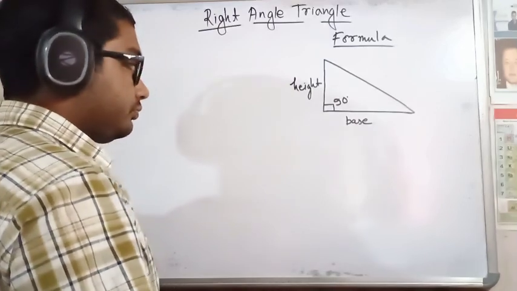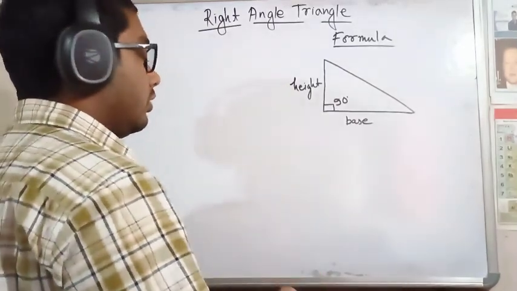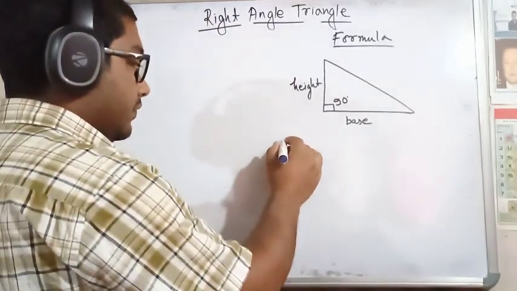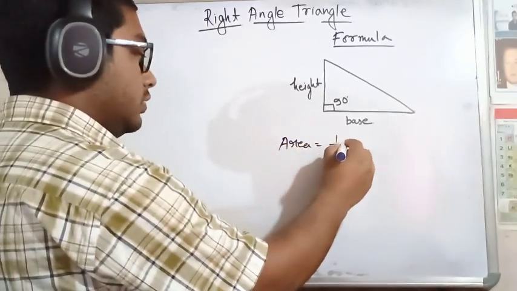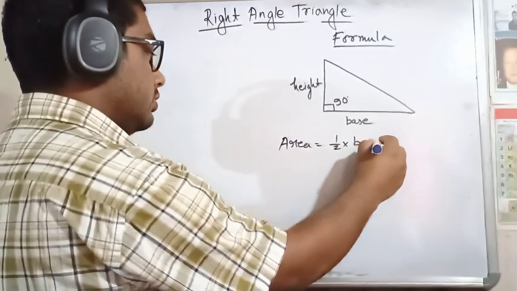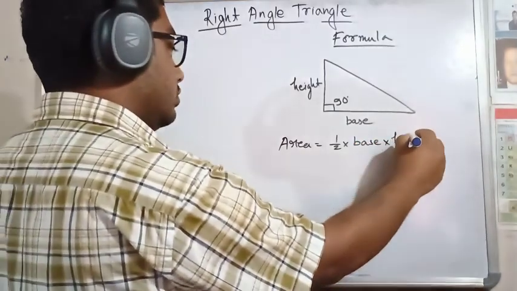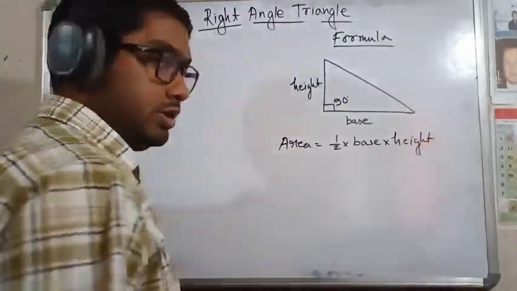So the main basic formula for the area of this triangle is half into base into height.